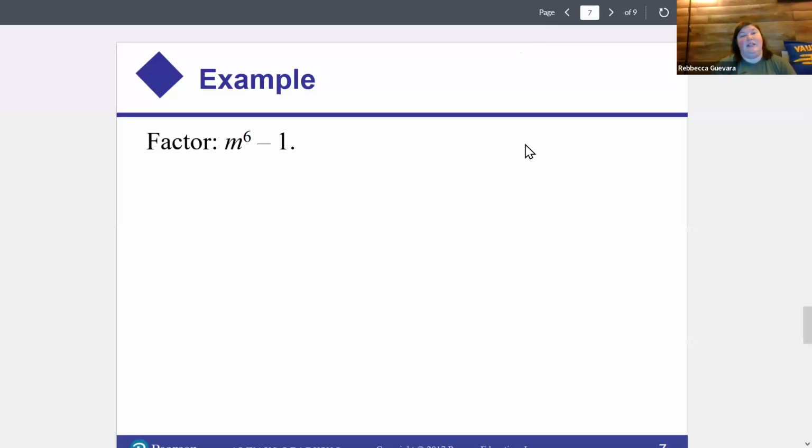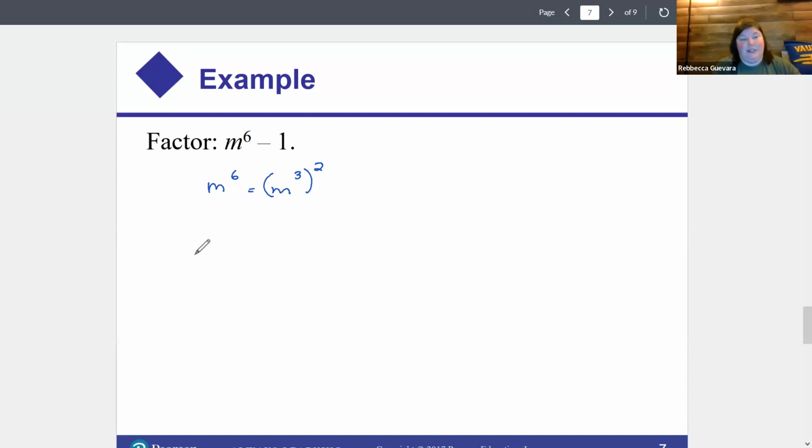Okay, so we have m to the 6th minus 1. It may not be obvious right away, but you can look at this as either a difference of squares or a difference of cubes. Because we have m to the 6th, which we know from all that work with exponents is actually just m to the 3rd squared.